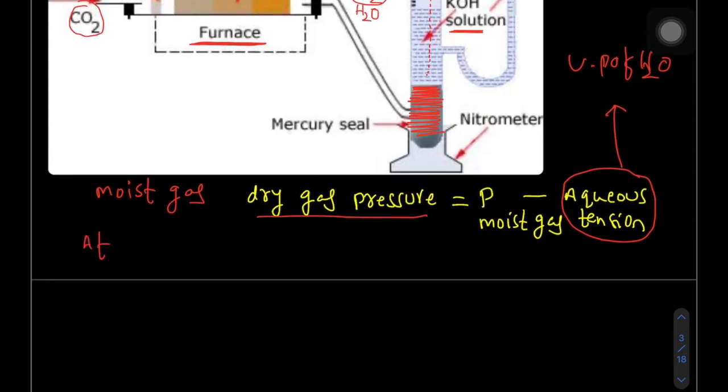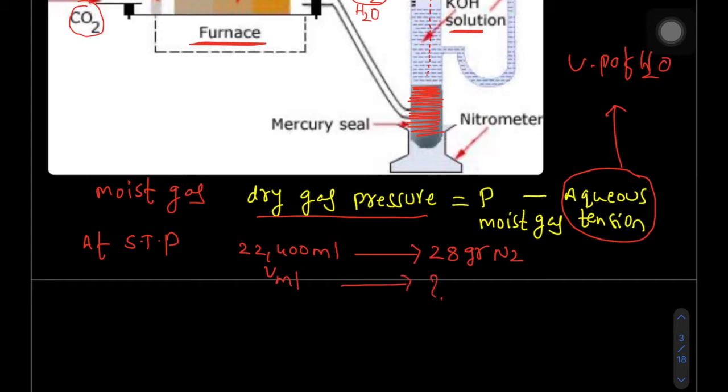Let's suppose we have STP condition. Now we know 22,400 ml of dinitrogen gas will have 28 grams of nitrogen, because it is 1 mole. Now the given volume of dinitrogen has how much weight of nitrogen, by the unitary method?